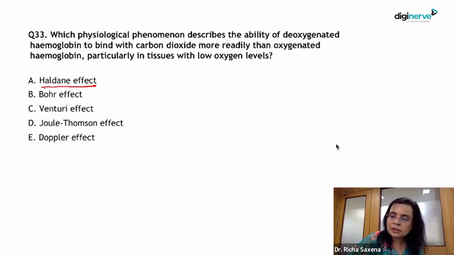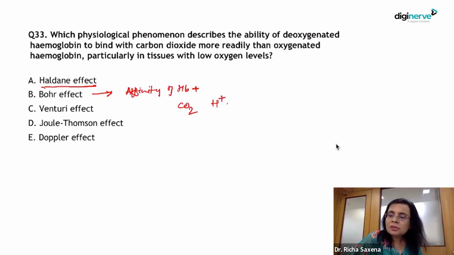questions pertaining to it. What is Bohr's effect? Bohr's effect basically means that affinity of hemoglobin to combine with oxygen is inversely proportional to the concentration of carbon dioxide and to the concentration of hydrogen ions.